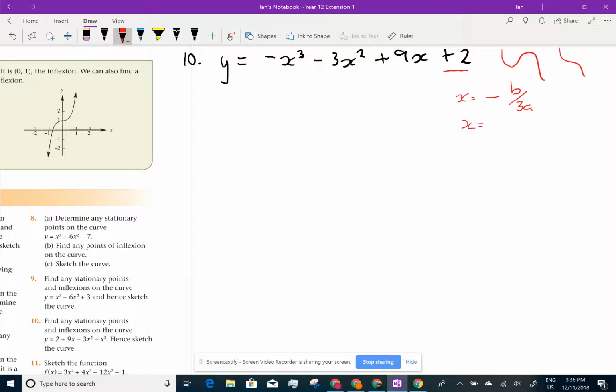Should be x equals minus 1. And let's see what happens when we do it using calculus. So first thing we do is derive: y dash equals minus 3x squared minus 6x plus 9, derive again, y double dash equals minus 6x minus 6.